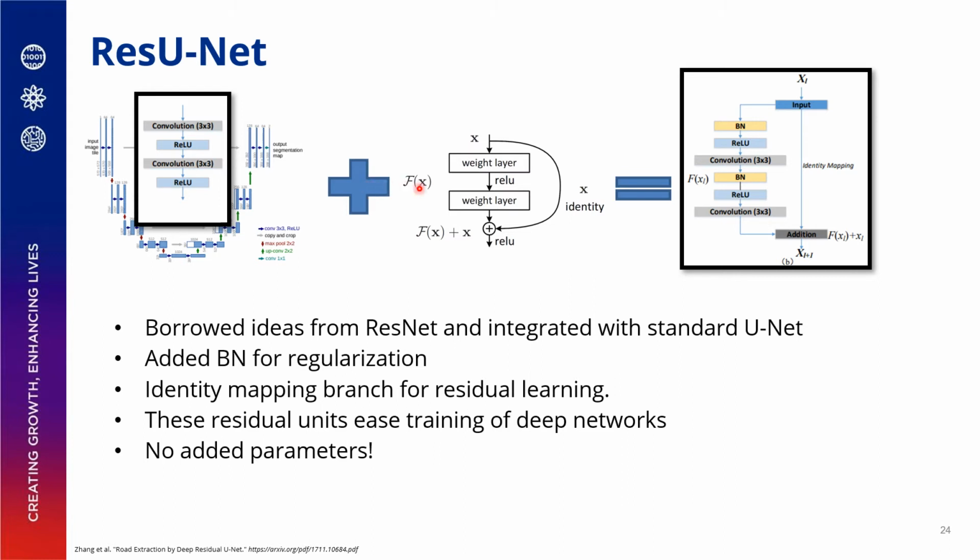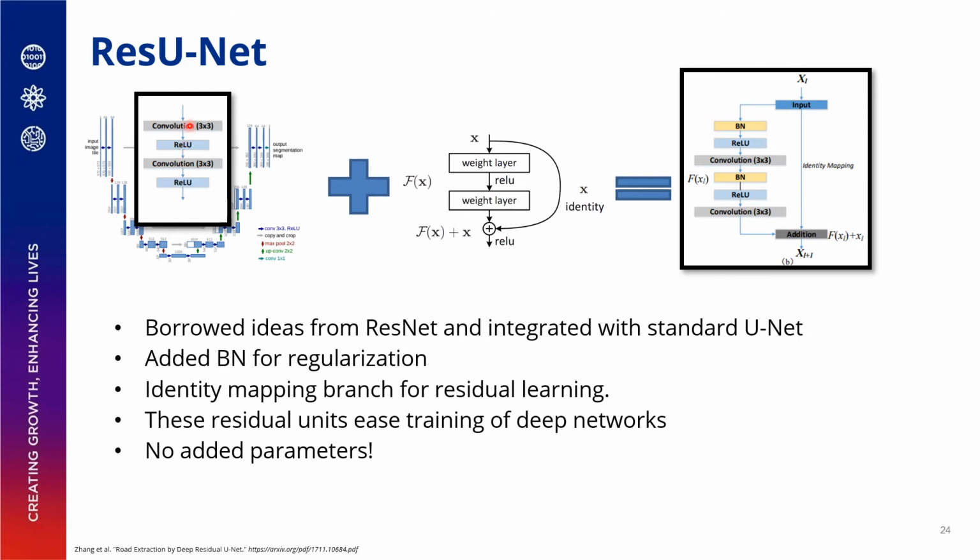ResNet, on the other hand, came up at that time with this really brilliant idea of adding an identity connection. This helped in making the network training reasonably fast, and there were absolutely no additional parameters to train because all you're adding is just this identity connection over here. On top of that, there was no normalization in the original U-Net paper, so the community also added batch normalization.